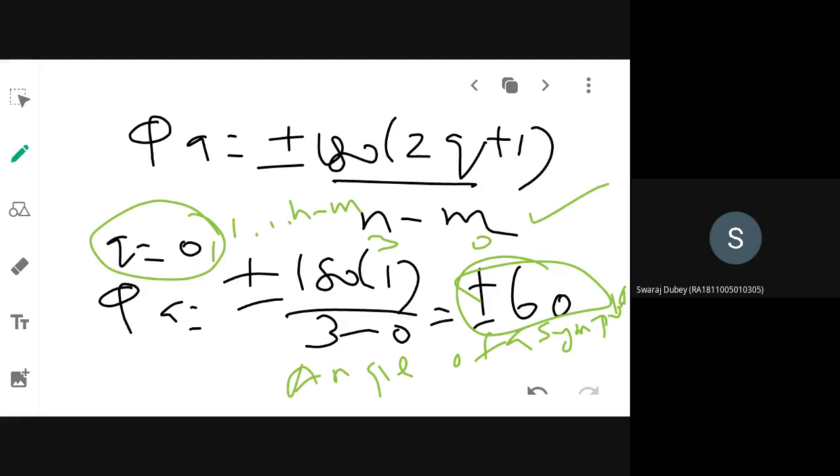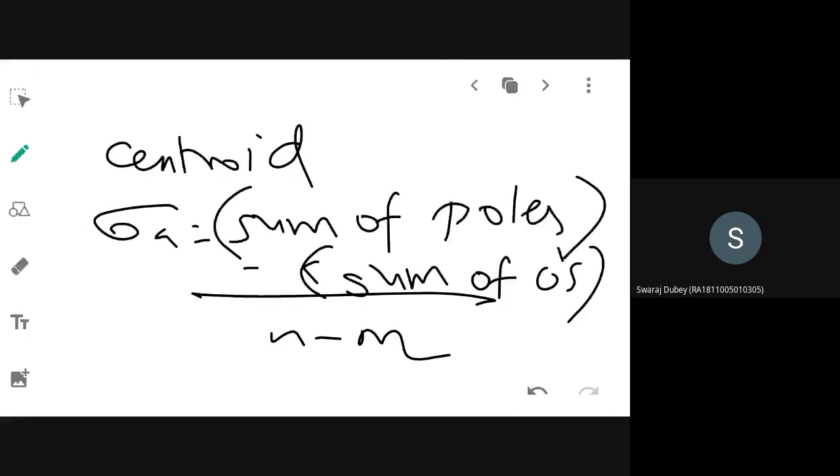Okay. So what is the formula for centroid? The formula is there on the screen. Sum of poles minus sum of zeros divided by n minus m. So for this problem we know that the number of poles is 3, the number of zeros is 0. What are the poles that you are having?